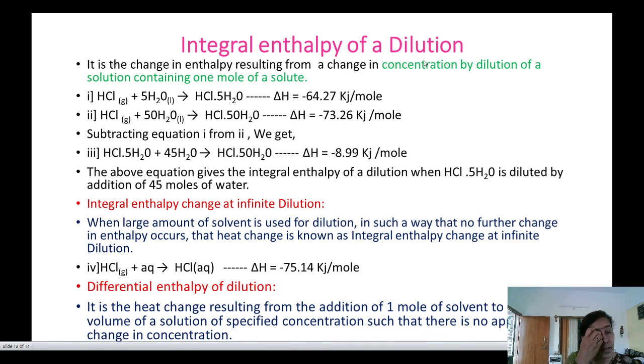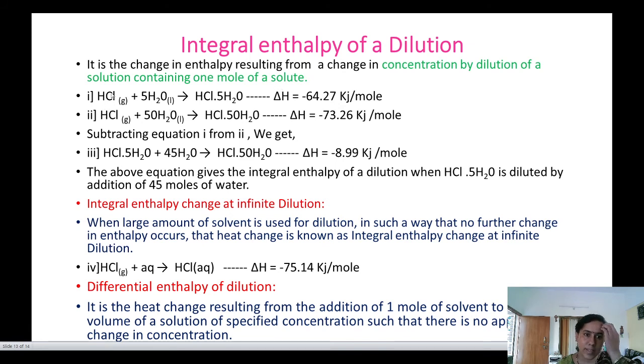In the previous slide we saw the integral enthalpy of solution; here the point is different, the integral enthalpy of dilution. It is the change in enthalpy resulting from a change in concentration by dilution of a solution containing 1 mole of solute. First we prepare 1 mole of solute in a particular solution, then we dilute this solution.